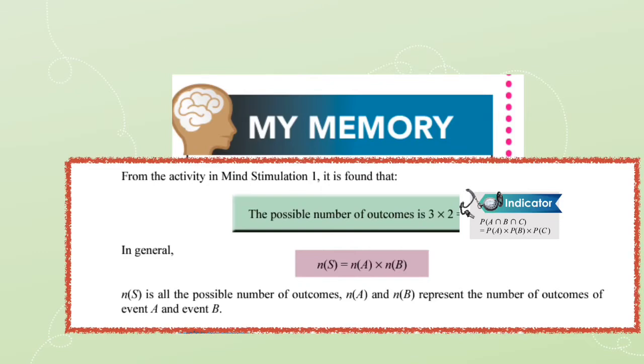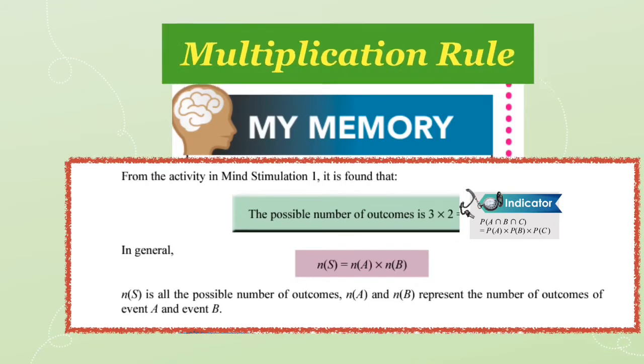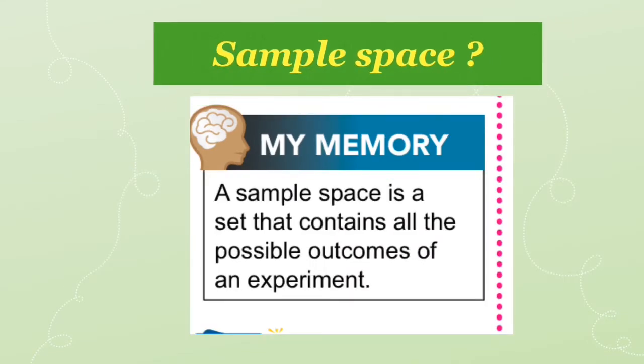So the number of sample space is equal to the number of event A multiplied by the number of event B. S is all the possible number of outcomes, and the number of event A and the number of event B represent the number of outcomes of event A and event B. A sample space is a set that contains all the possible outcomes of an event.